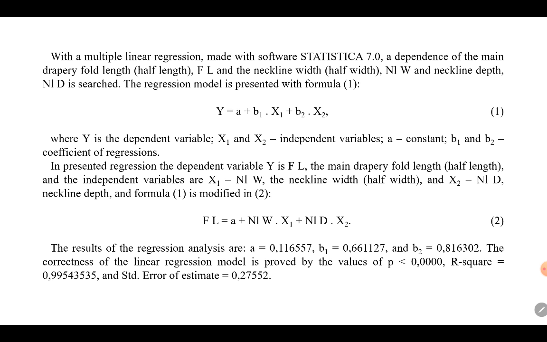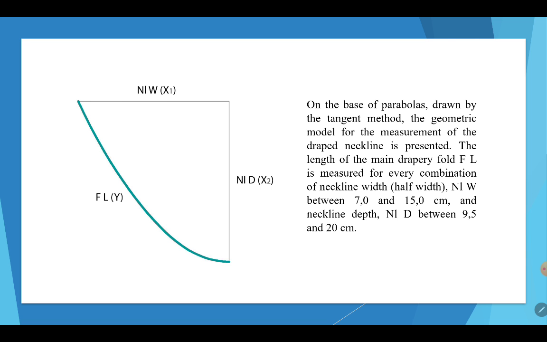In the presented regression model, the length of the main drapery fold is the dependent variable, and the independent variables are the neckline width, actually the half width, and the neckline depth.